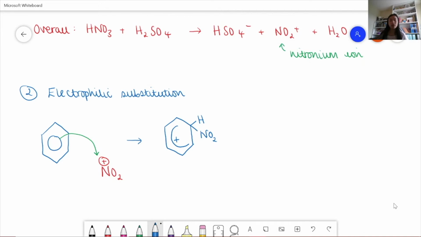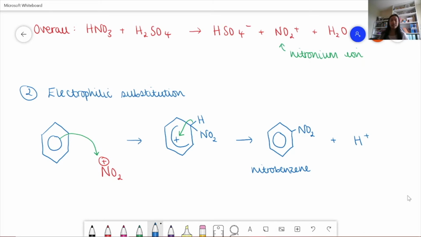In order for us to fix the delocalized structure, the carbon needs to lose a H+. And so the electrons from this bond move towards the positive charge. What we form is benzene, but now attached to an NO2. And so this is nitrobenzene, and we also form the H+. Again, this is an electrophilic substitution reaction.